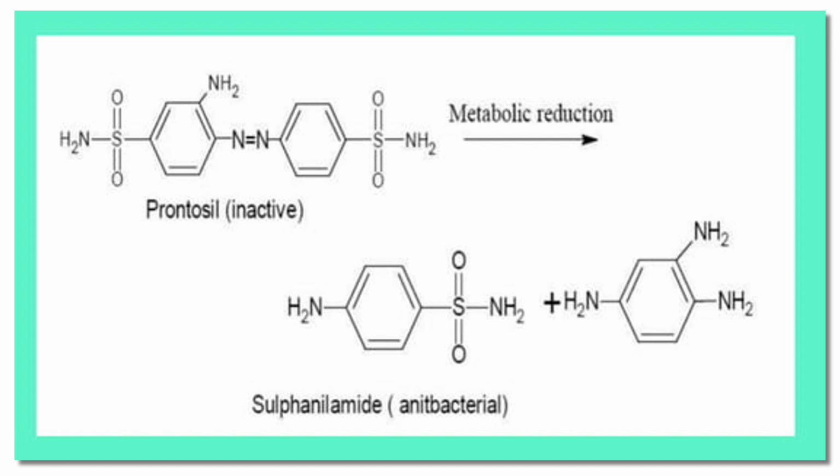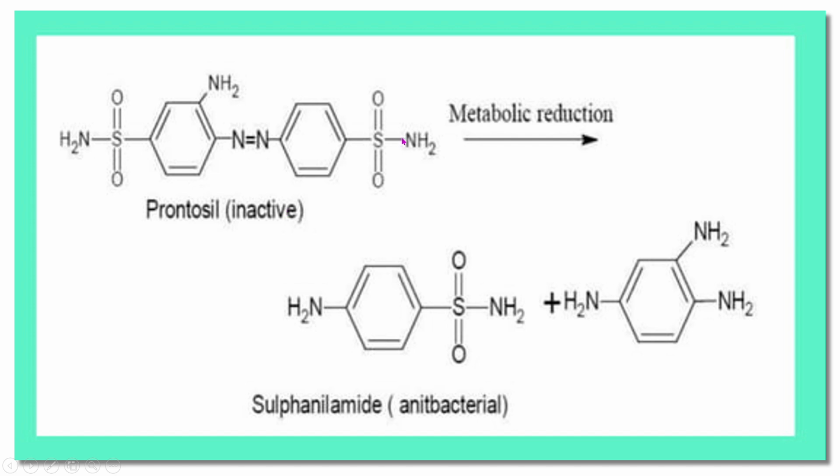Now what happens to this prontosil molecule? In our body, it undergoes metabolic reduction, and through metabolic reduction it is converted into the sulfonamide moiety, which has a good antibacterial action, whereas the prontosil molecule as such is inactive in nature.